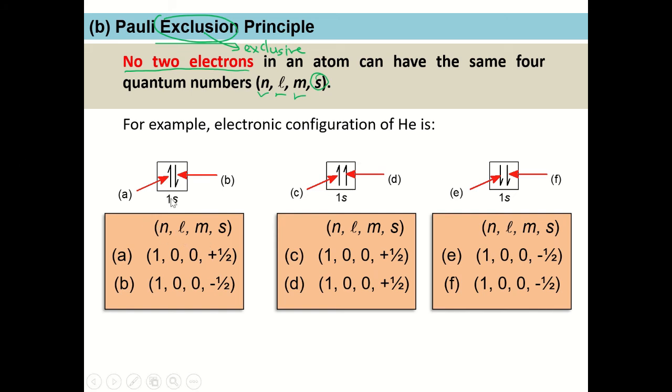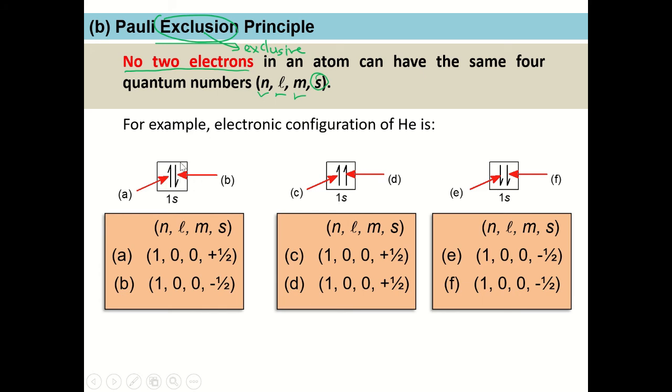For example, 1s orbital: n equals 1, l equals 0, m equals 0. But since these 2 electrons are in the same orbital, you must make sure they have opposite directions of spinning, right? Because an electron will repel another electron.